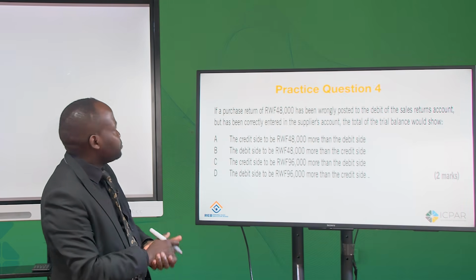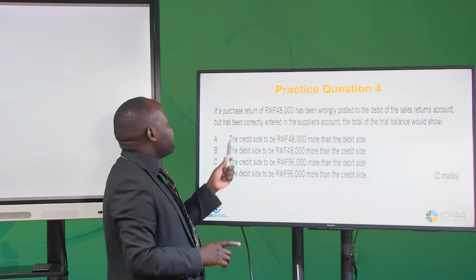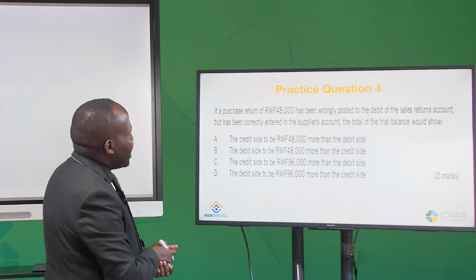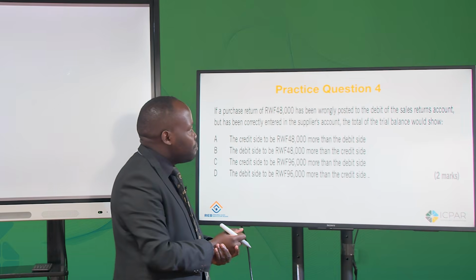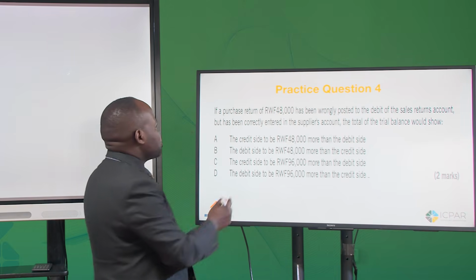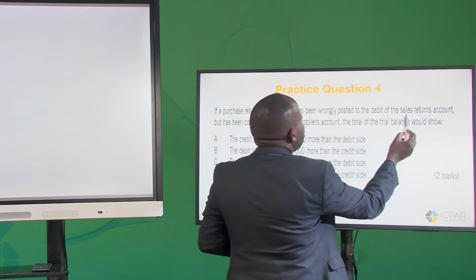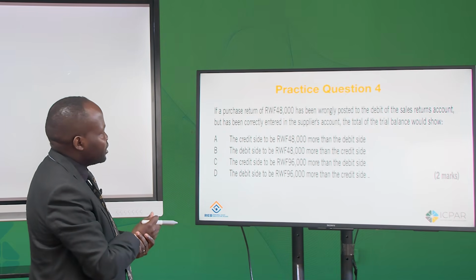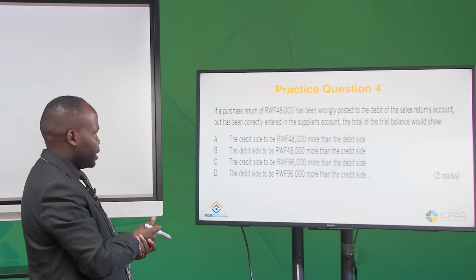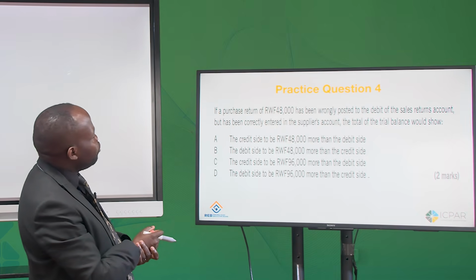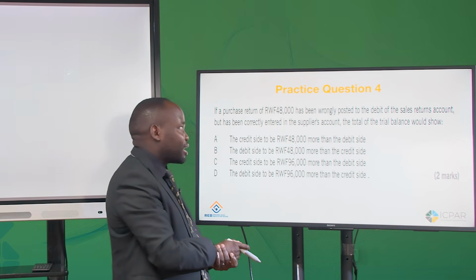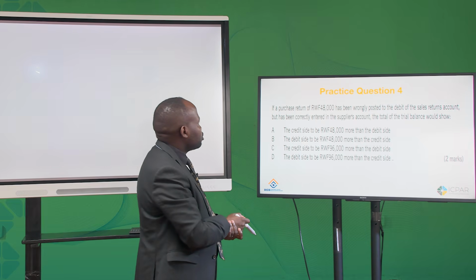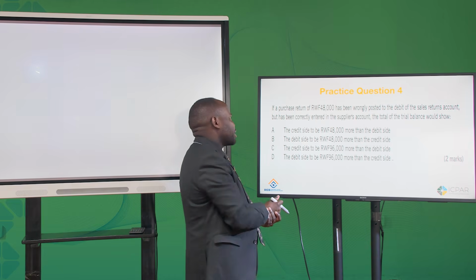Question number 4. If a purchase return of 48,000 has been wrongly posted to the debit of the sales return, but has been correctly entered in the supplier's account, the total of the trial balance will show... Now get it right.